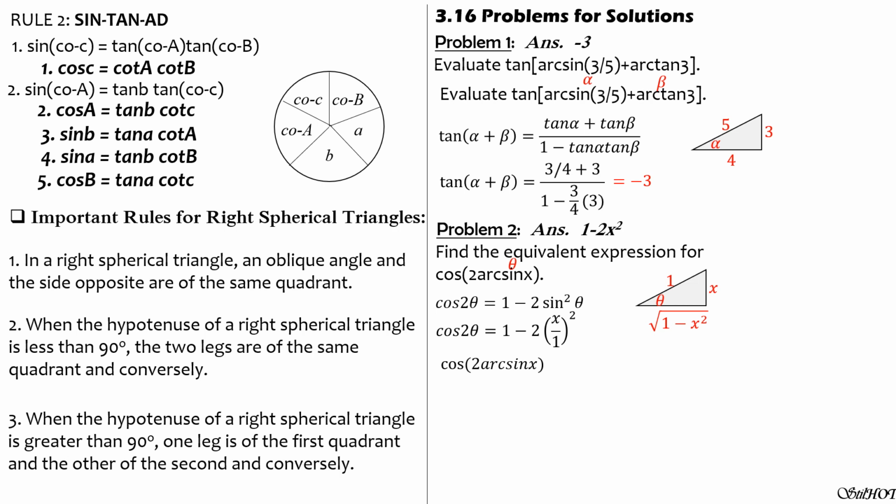So that's for the calculator technique. So let's proceed. So 1 minus 2x squared, that's the answer.